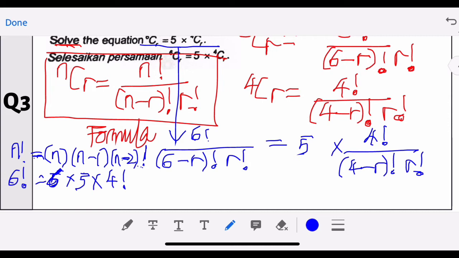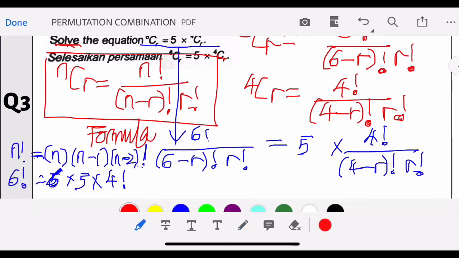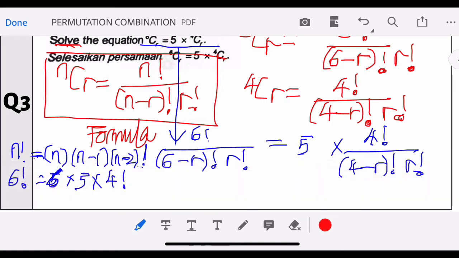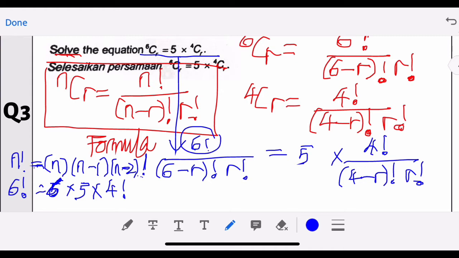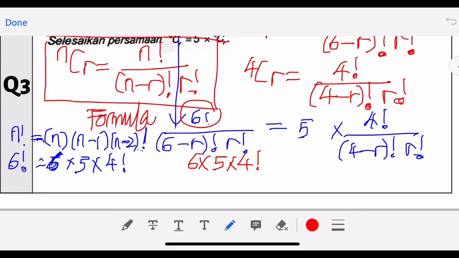You can stop at 4 factorial, or else you write 6 times 5 times 4 times 3 times 2 times 1, which is very troublesome, right? So we write 6 factorial as 6 times 5 times 4 factorial. Then you see we can cancel out the left and right with 4 factorial, right?